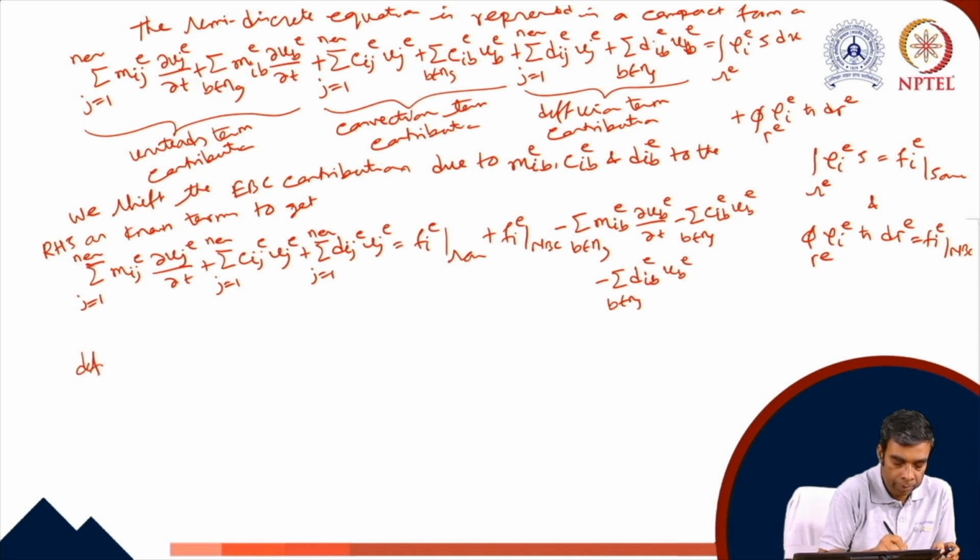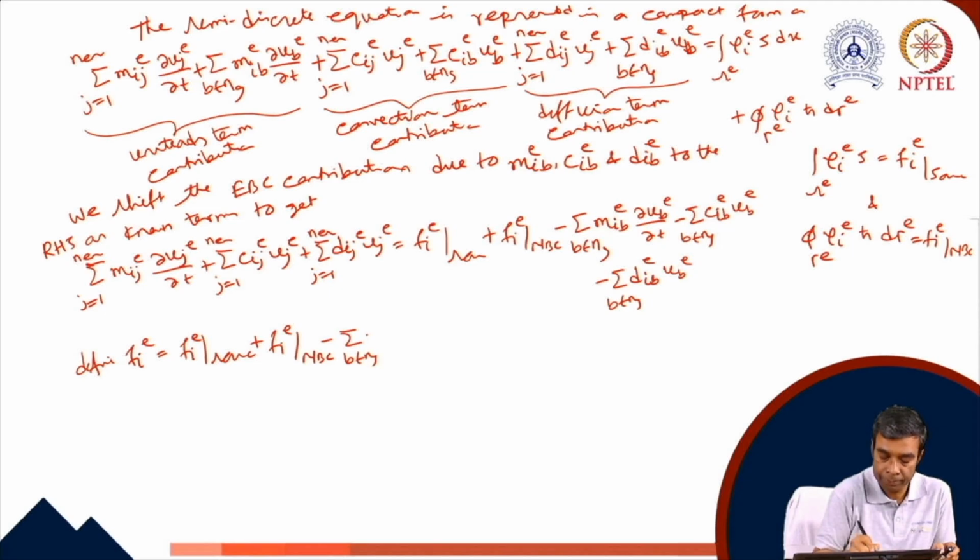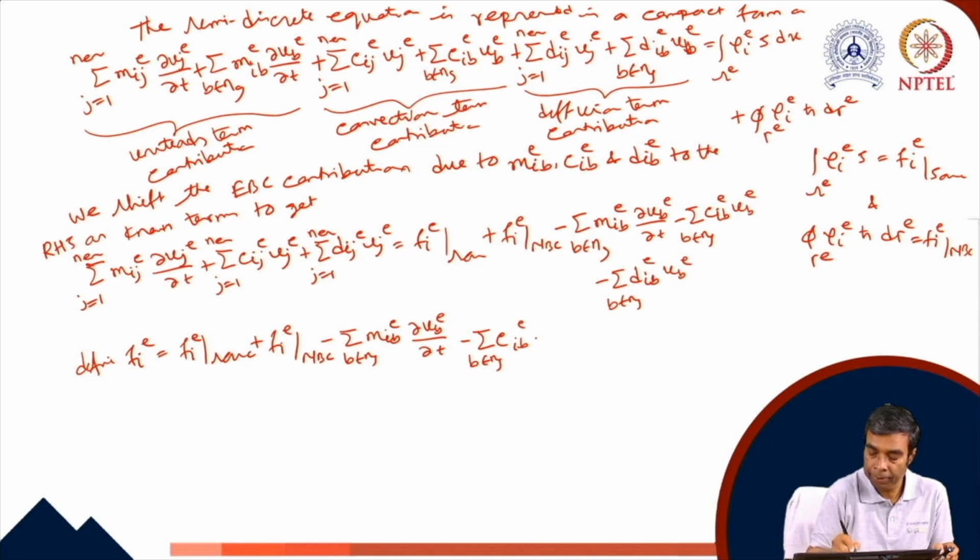Define fie equals to fie source plus fie due to natural boundary condition minus summation where b belongs to eta g mibe del ube del t minus summation over b belonging to eta g cibe ube minus summation over b belonging to eta g dibe ube.